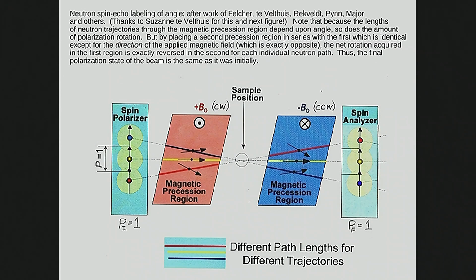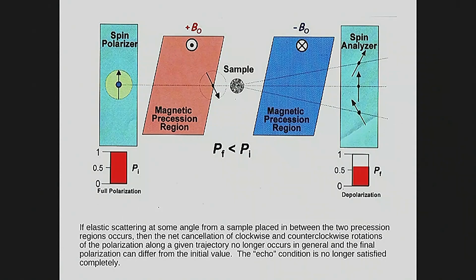And if you put a sample in this beam, such that it changes the scattering angles, so that the yellow one, I'm just showing the central ray, that was originally going straight across here now goes either up or down, it's going to come out not lined up again. So the polarization that you measure at the end is not going to be unity, it's going to be some lower number.